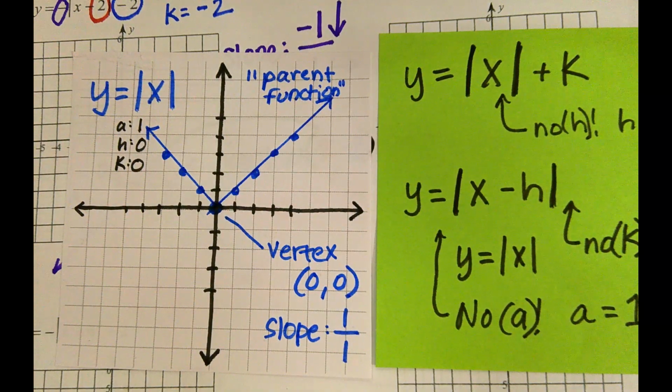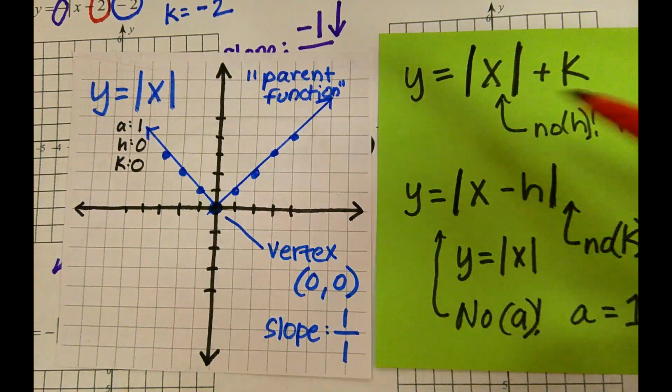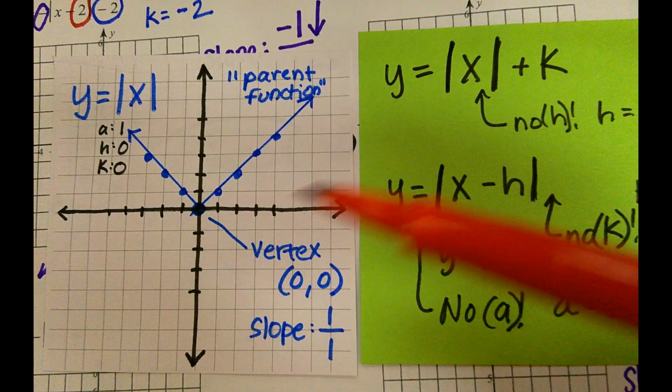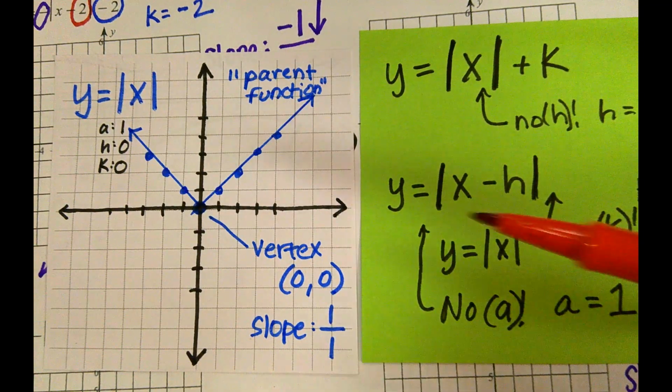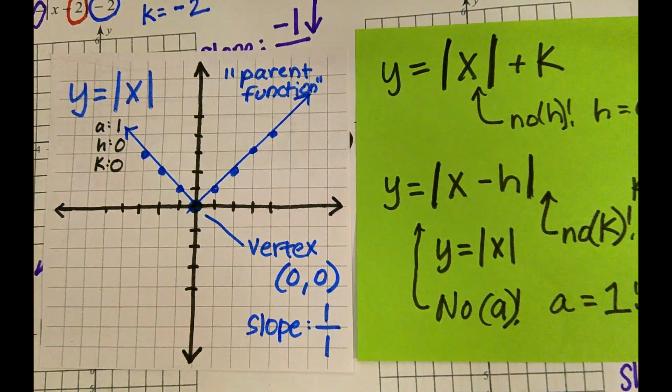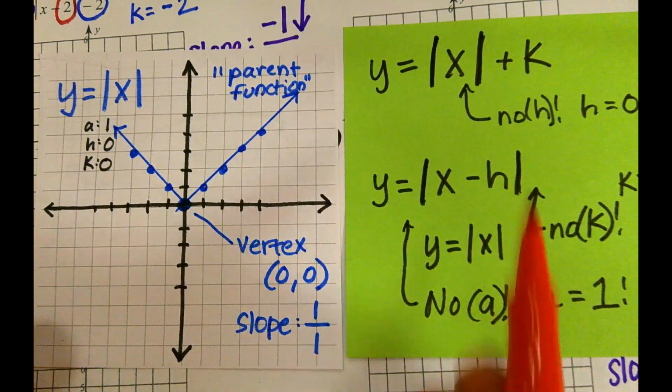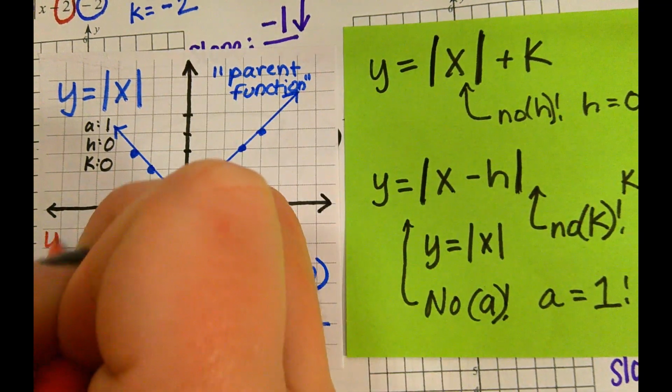That's what that's called. So this would be our graph for y equals x. But to show you the difference of what happens if we're just missing an H or just missing a K, I'm going to draw the same graph with a different equation.